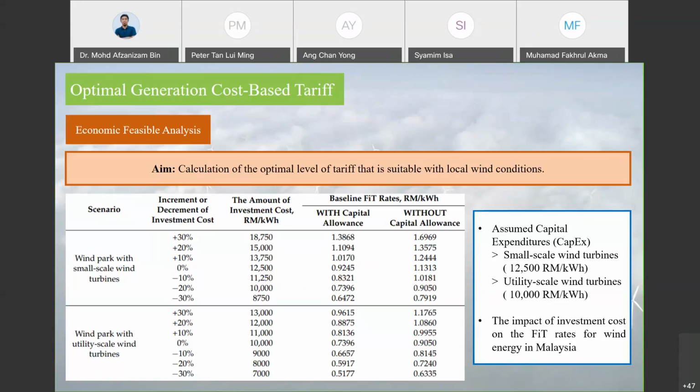The sensitivity analysis was up to plus minus 30%, and 30% is utilized as it will generate initial investment costs within the range of investment costs reported for wind energy projects globally, which is in Asia and even in Malaysia's neighboring countries. This shows that the baseline feed-in tariff increases in accordance with the increment of investment costs. Thus, the baseline feed-in tariff is expected to decrease annually due to the annual dispersion of wind turbine costs.